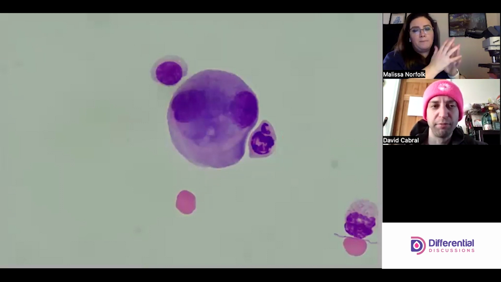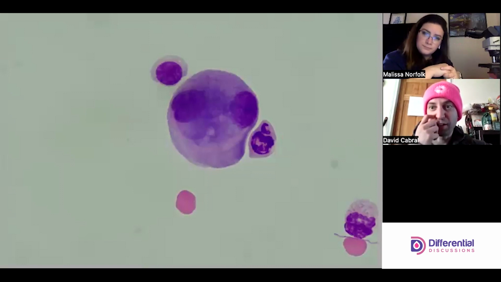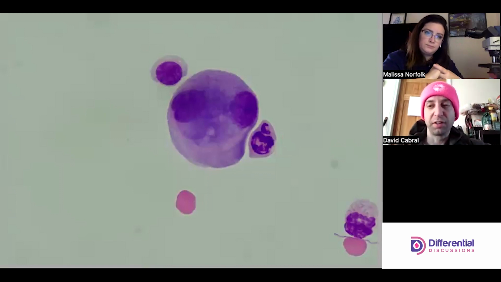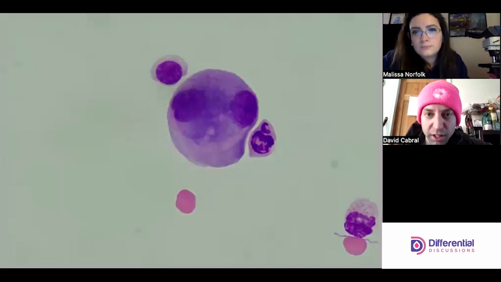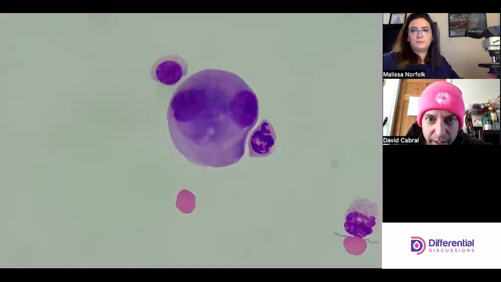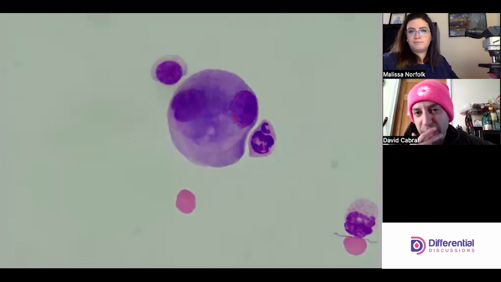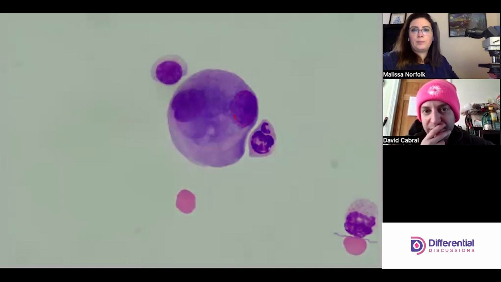Malignant tumor cells can look like mesothelial cells, mostly because of the origin of the tumor itself. So I'm trying to look at the margins around the nucleus. I wouldn't say that the cell looks amazing, but I'm not terribly troubled by it.